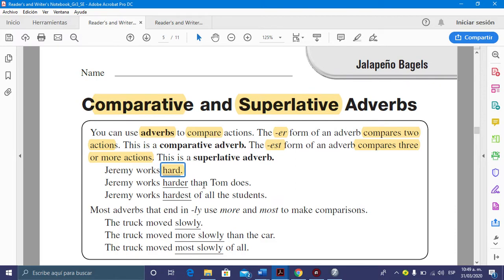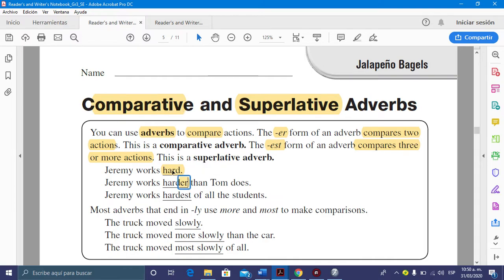Two. One, two. This is my adverb. How do I compare? You have to add er to your adverb. Do you see? Harder. Jeremy works harder.